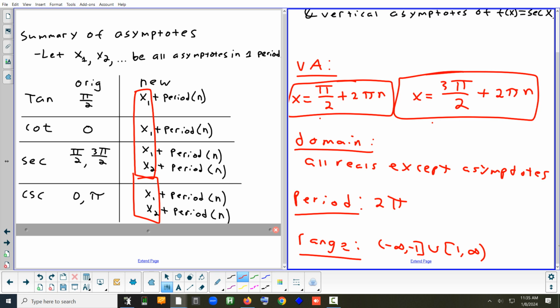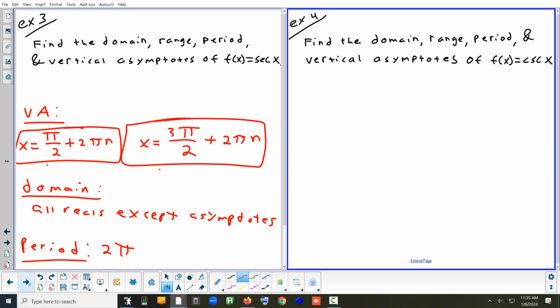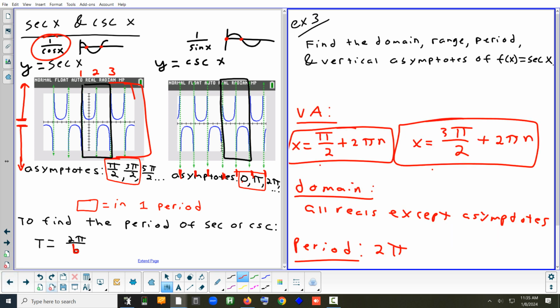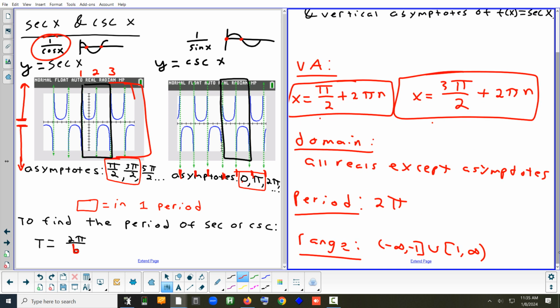Now let's look at the graphs again because I think the next question is to describe cosecant. Is there anything that would stay the same when you were describing those four things between secant and cosecant? Yeah, period's the same. Anything else? Domain?